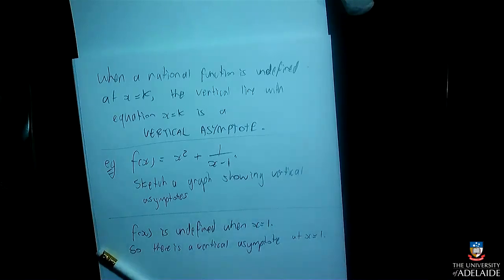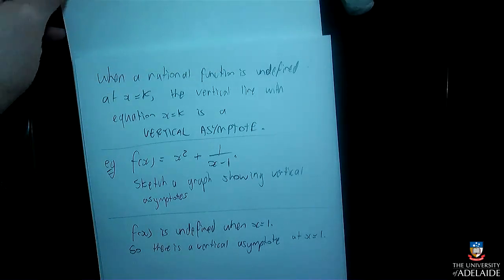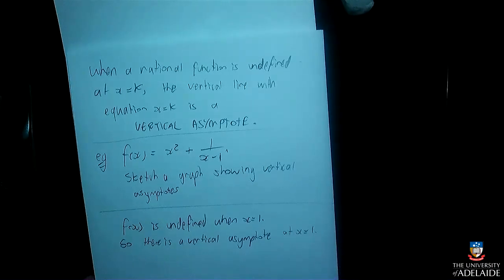Now I should say I have made a technical error here. Technically, sometimes there isn't an asymptote when the denominator is 0, and that tends to happen when the denominator and the numerator are both 0 at the same time. So I should just say that's called a vertical asymptote. It's technically only a vertical asymptote if the numerator is not 0 at the same time.